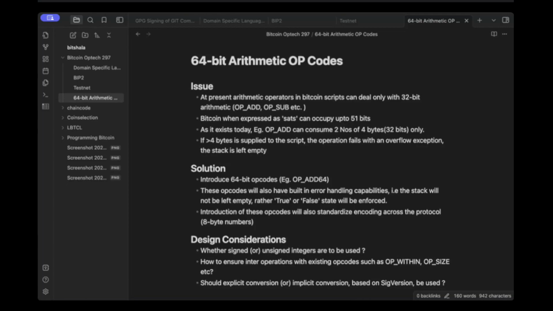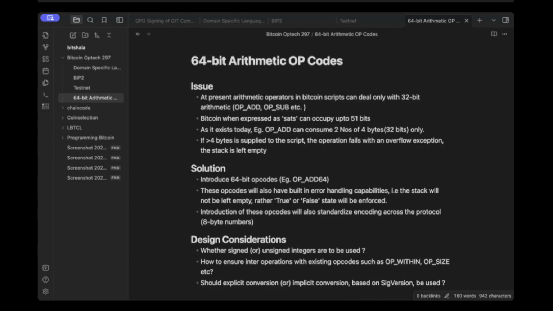Yeah, primarily they want to introduce new opcodes that can handle 64-bit numbers. What they can see is that there will definitely be a need to do 64-bit arithmetic, because eventually some sort of advanced contract will find its way into Bitcoin.